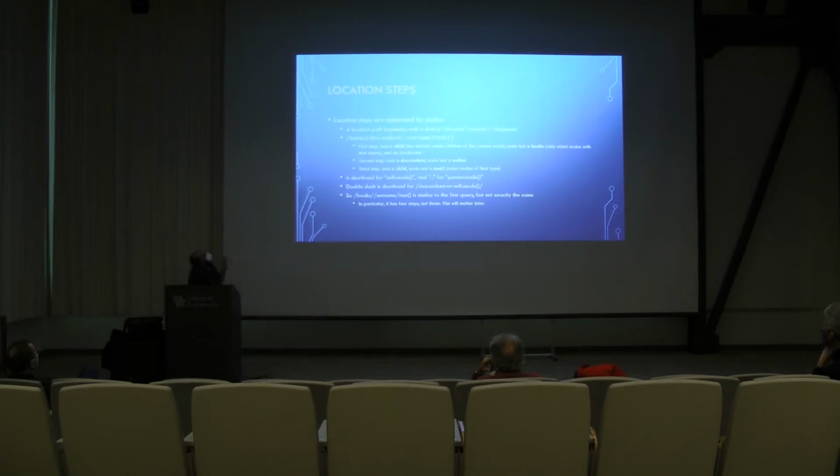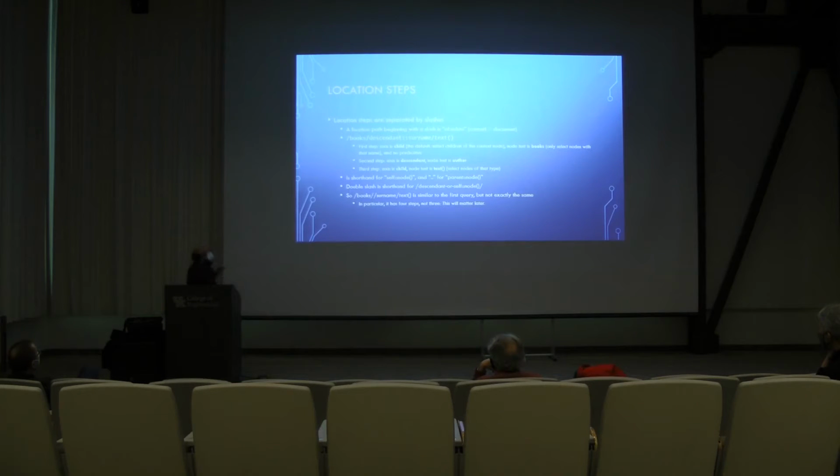So as an example, this line, /books/descendant::surname/text(), shows not all of the things XPath can do, but some of the basic things. So this is a location path with 3 steps.